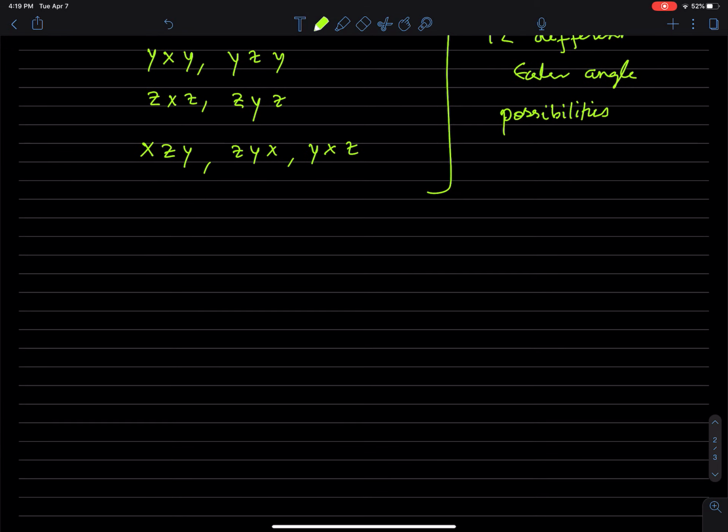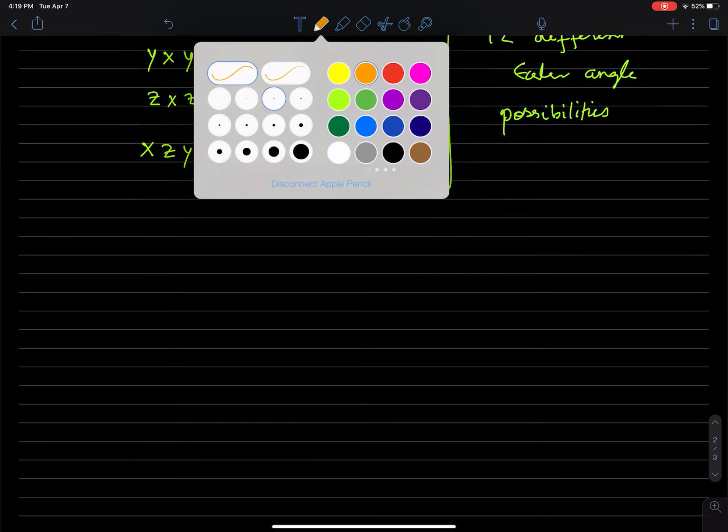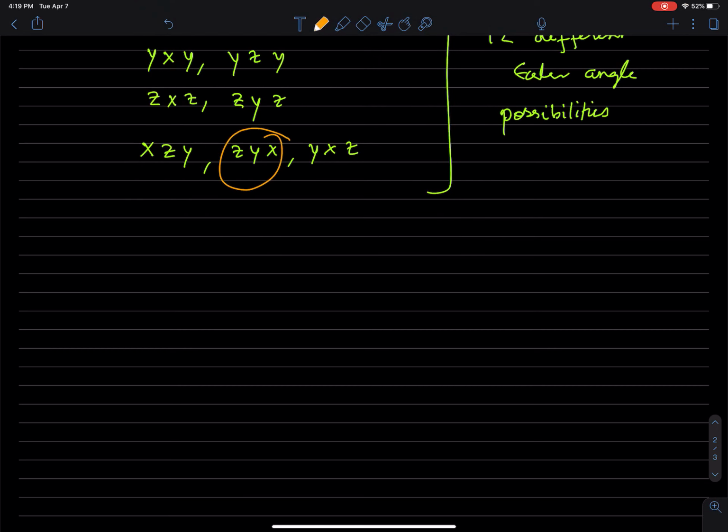Right, so where something like ZYX will mean first a rotation. Let's actually do ZXZ or something like that.